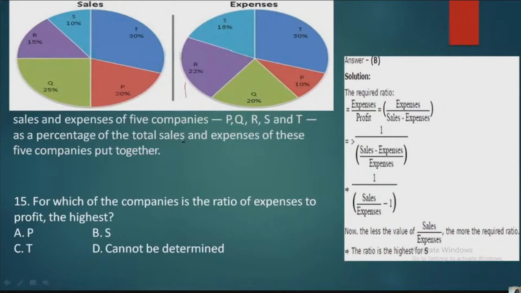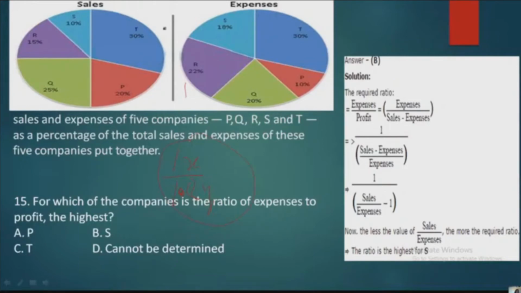As we have already compared it, 1x as the sales and 1.8y as the expenses. Similarly, if you are supposed to find these things, then you have to go with the same one.